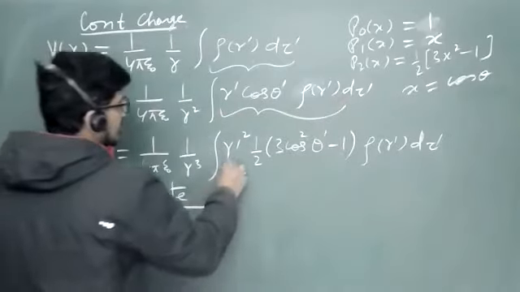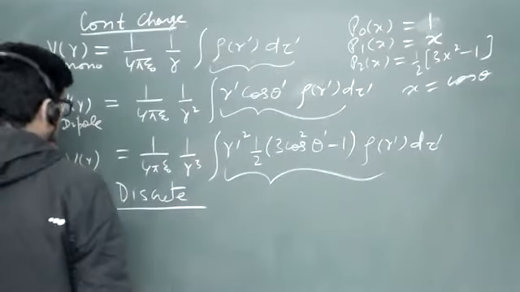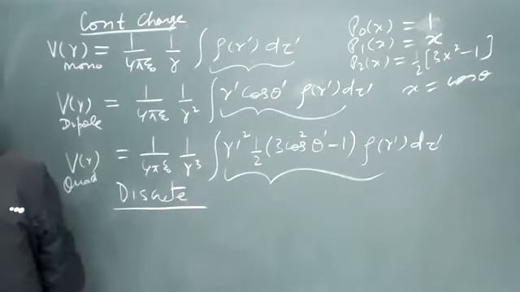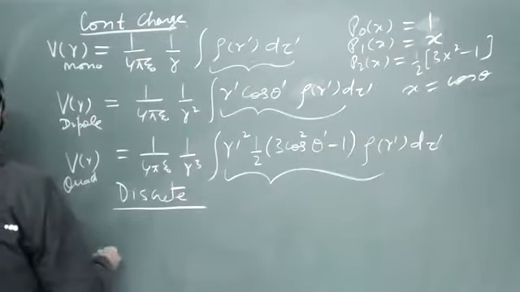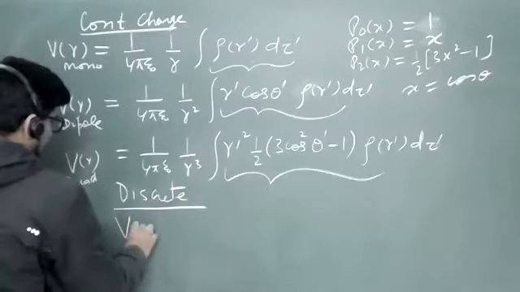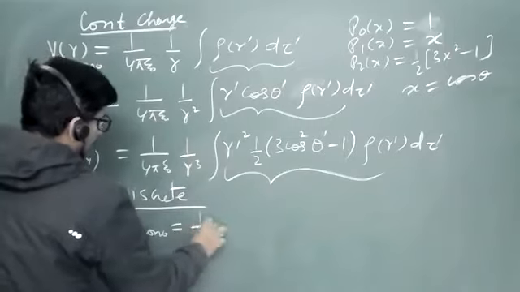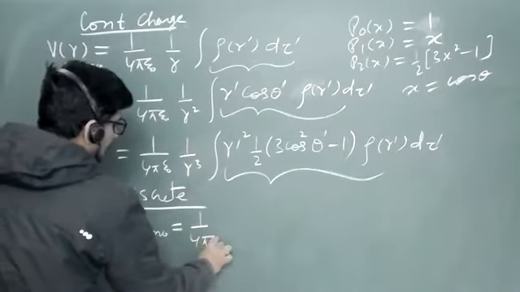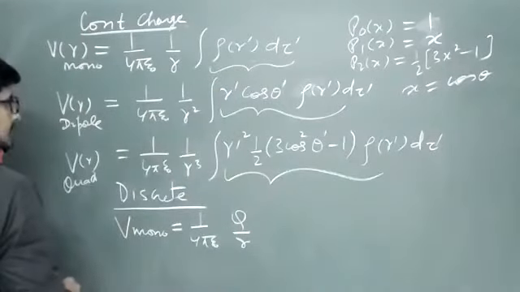Dipole moment, how will you define it? Quadrupole moment. So let us write all of them in the discrete system. So potential for monopole will become, this is just charge, say 1 by 4 pi epsilon naught q by r. This is just the total charge, right?